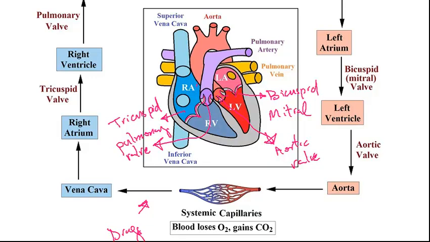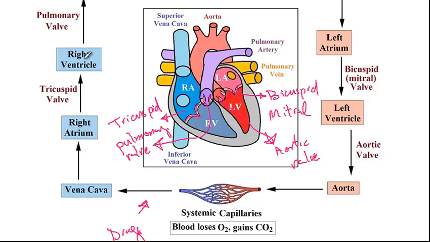We have a superior vena cava that collects all the deoxygenated blood from the upper part of the body, and we have the inferior vena cava that collects all the deoxygenated blood from the inferior part of the body. And then the blood from the vena cava empties into the right atrium.